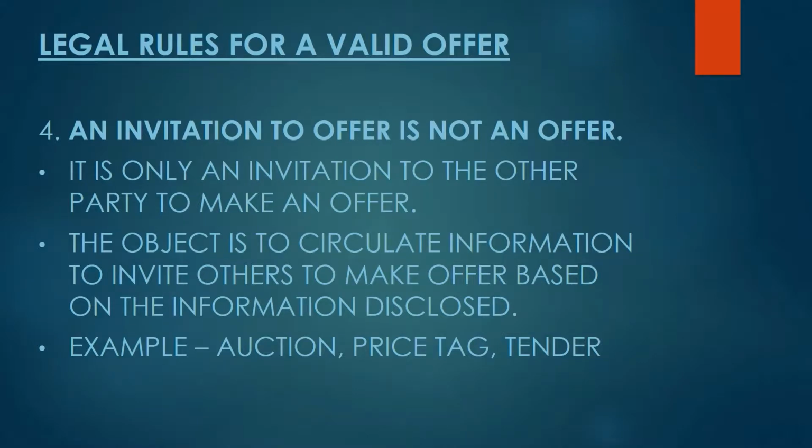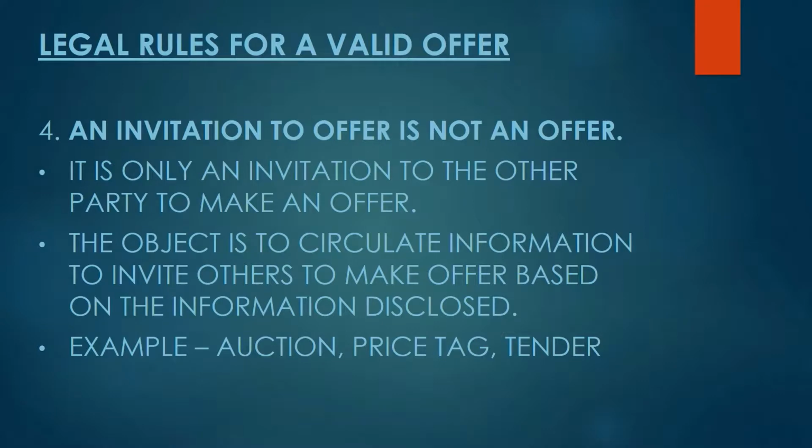Now you cannot bind the supermarket under the contractual obligation saying that price tag on the shoes amounted to offer, which you have happily accepted, right? The price tag on the shoes is only an invitation to offer. It's not an offer. Actual contract will come into existence when you pay for the shoes and the guy at the supermarket accepts your payment. Then the contract will come into force, right?